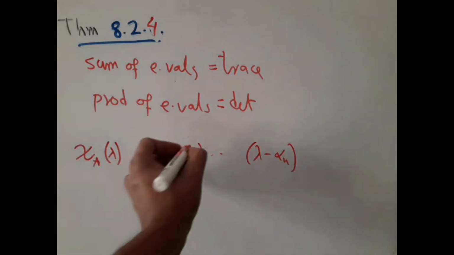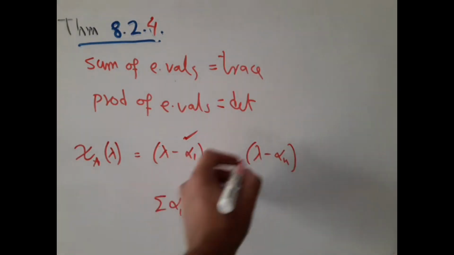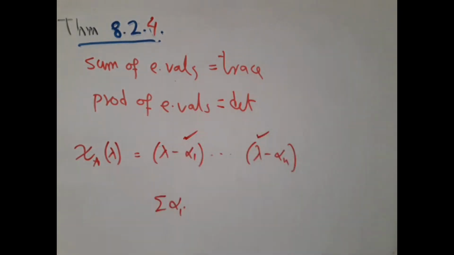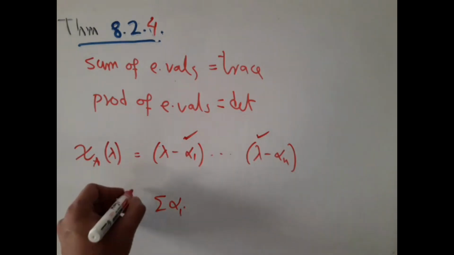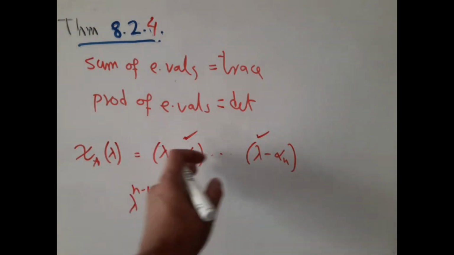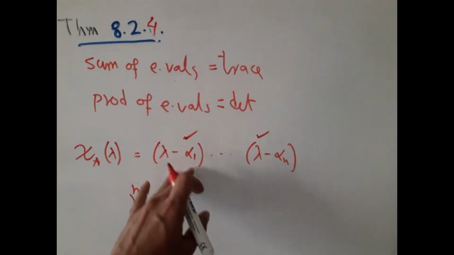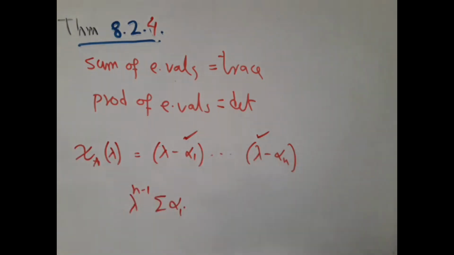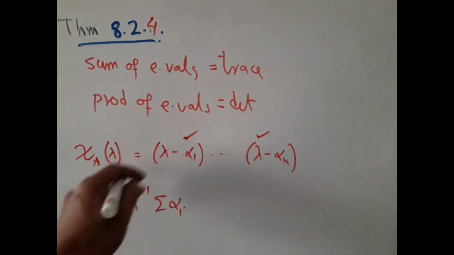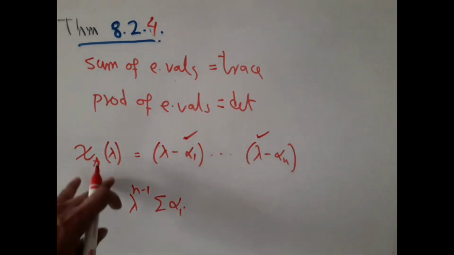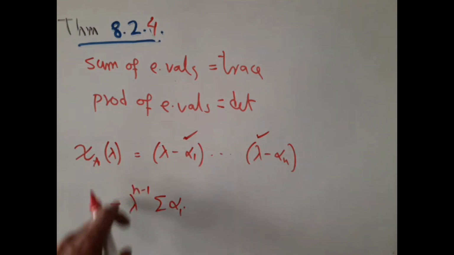This means I am picking the alpha term from one and all the lambda terms from the rest. So it is lambda to the power n minus 1, because I am picking up all the lambda terms, and then the other term is minus alpha i. So this will be the term inside my characteristic polynomial where the power of lambda is n minus 1.